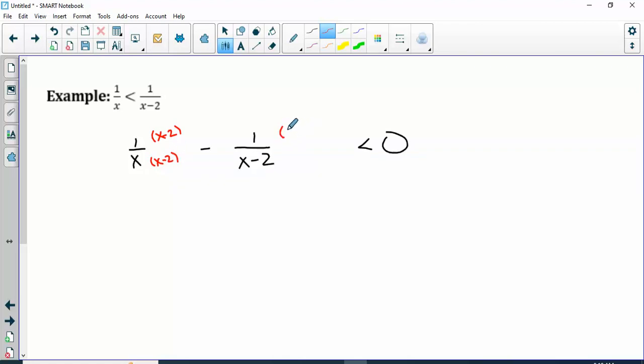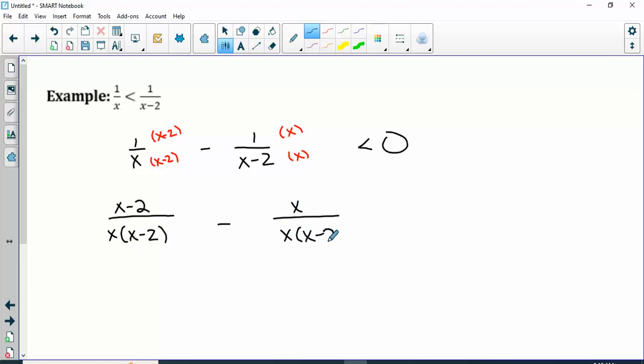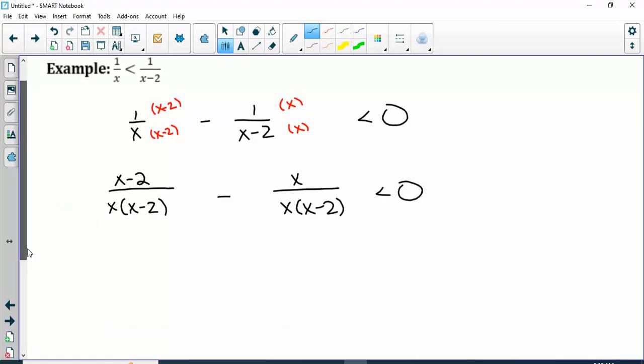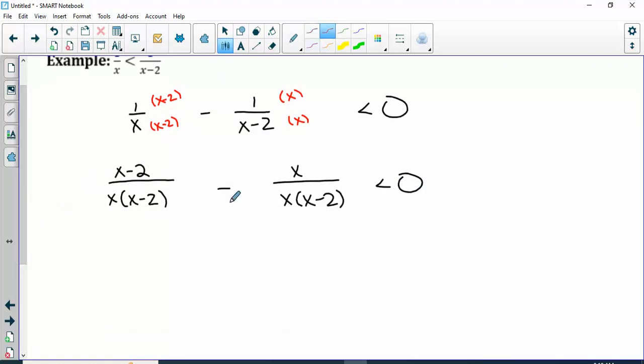And the second one? x minus 2. So 1 times x minus 2 is x minus 2. 1 times x is x. The x's cancel, so we get negative 2 over x and x minus 2.